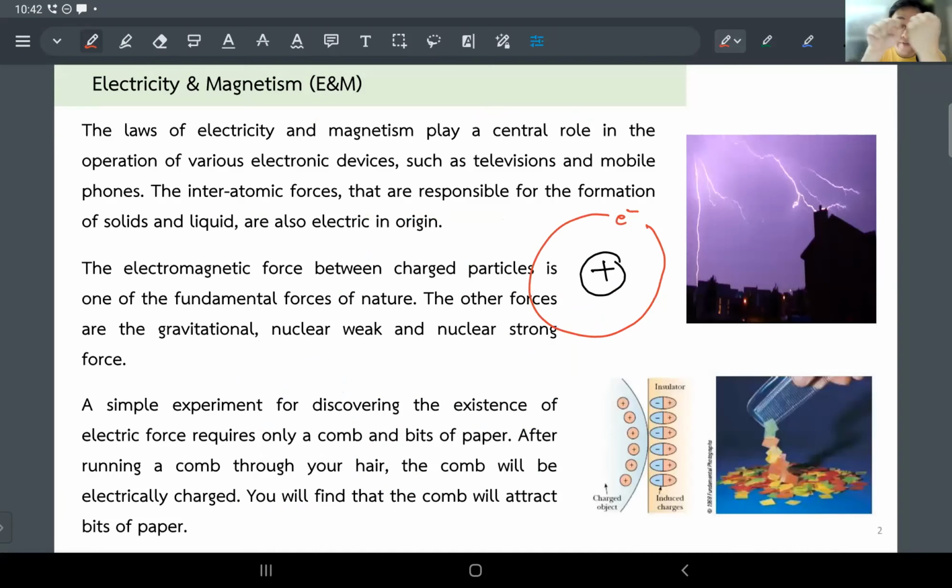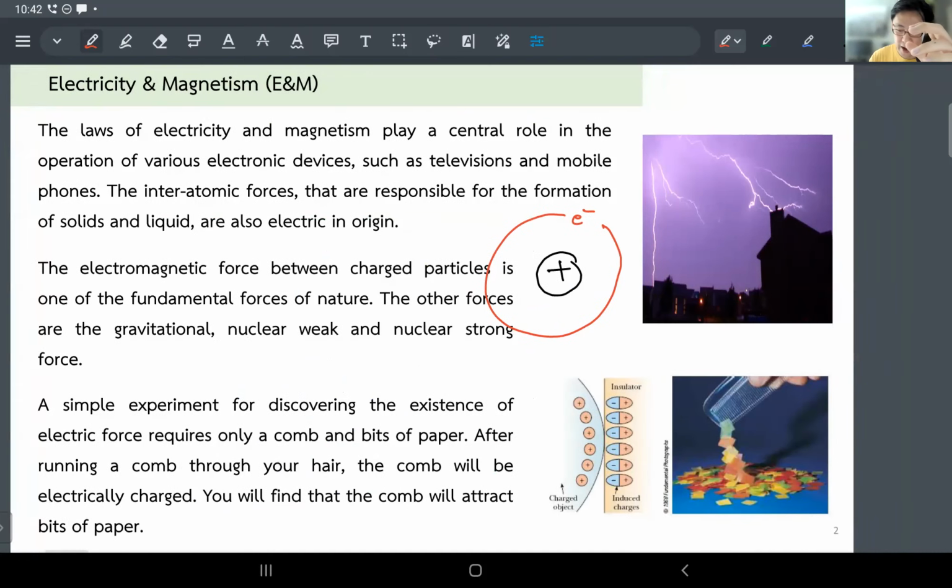And then there are some options for you now. They do not always attract. They also repel. There is a possibility of repulsion force. So that's why we have to come up with a way that we can describe the whole business here, right? Not only just the attractive force anymore. Cool? That's what we're trying to get to.